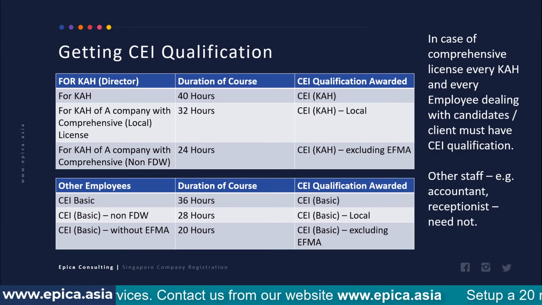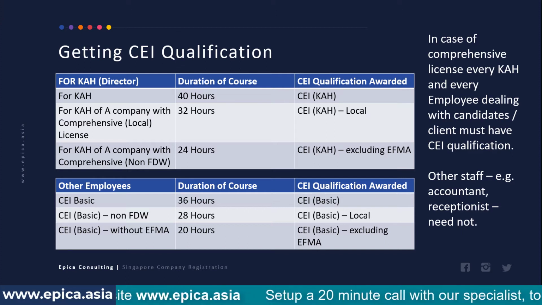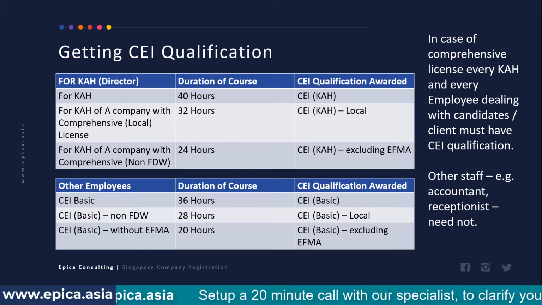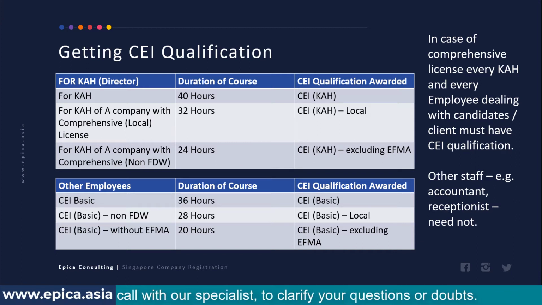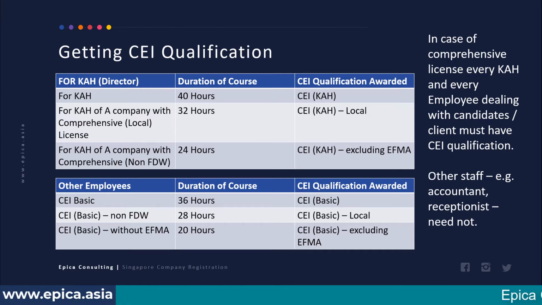Now this slide is about getting the CEI qualification. CEI stands for Council for Employment Intermediaries. They issue a qualification to be able to operate as a KAH or other employee. We have seen in the previous slide the CEI qualification applicability.